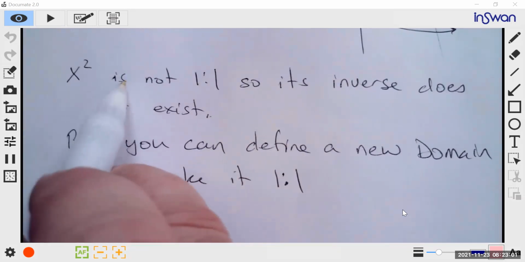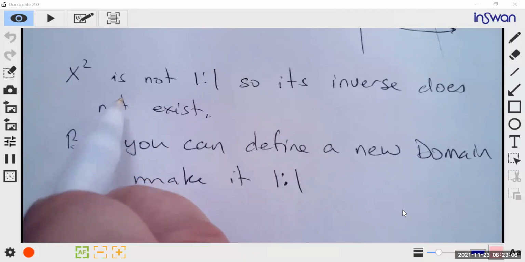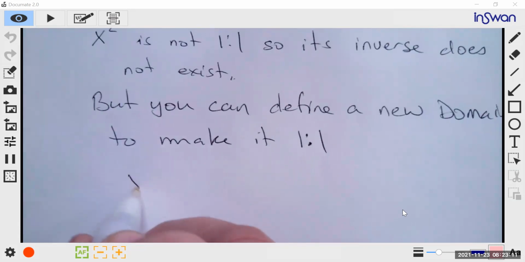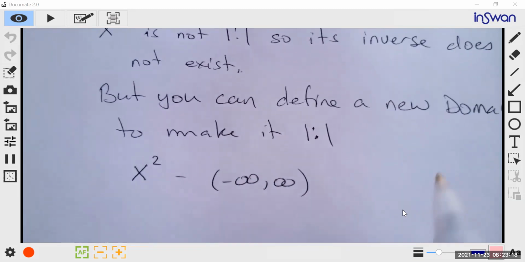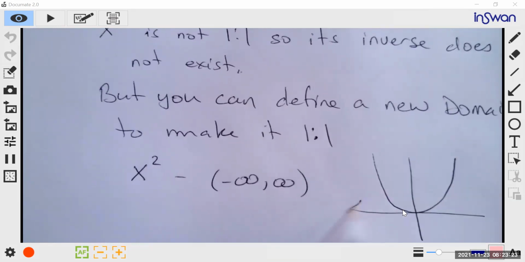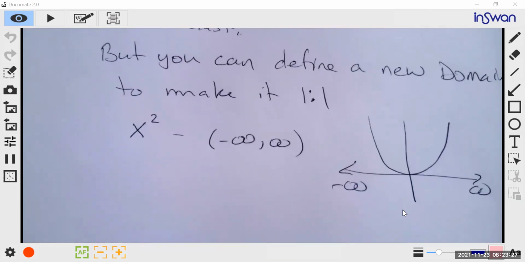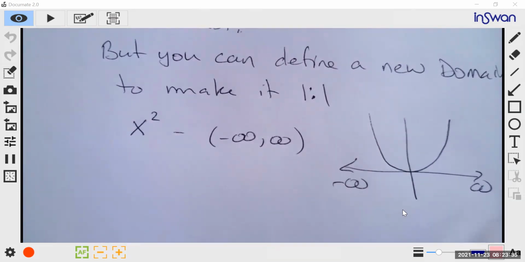The reason this fails is because the domain of f of x equals x squared is negative infinity to positive infinity. It fails the horizontal line test.